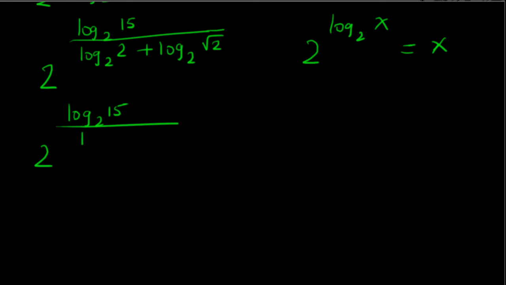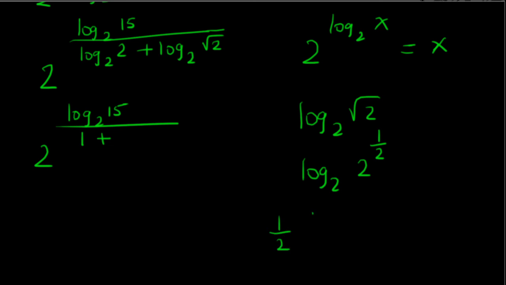Log base 2 of 2 is just 1. Log base 2 of root 2, if you really want, you can think of that as log base 2 of 2 to the 1/2. The 1/2 comes out in front. We have log base 2 of 2, so that would just be 1/2.